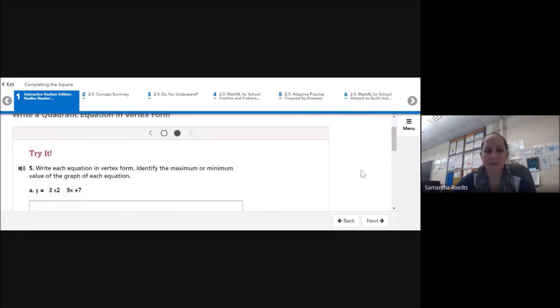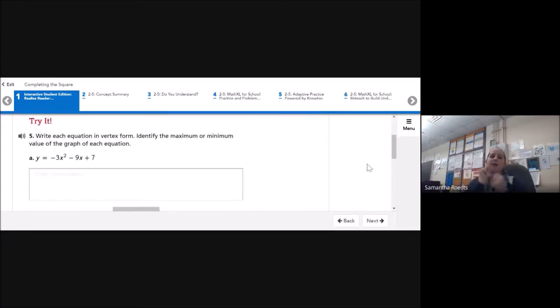Let's try an example. Example 5: write each equation in vertex form, and identify the maximum or minimum value of the graph of each equation. So let's start with this. I have y equals negative 3x squared minus 9x plus 7. I want to subtract 7 from both sides.